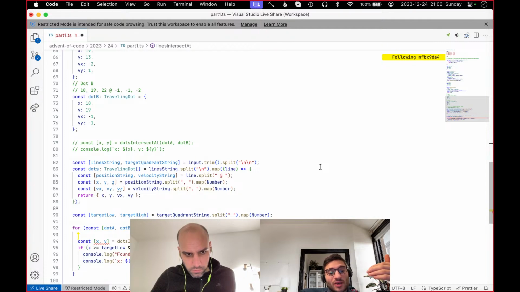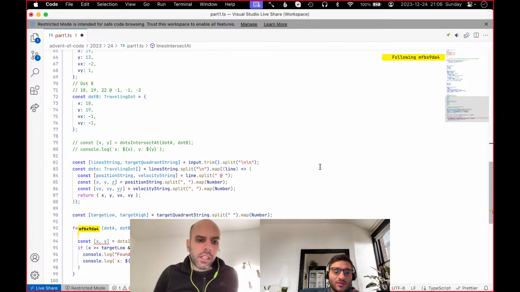Are they both greater? The target X and target X low and target high X, are they both greater? If the velocity is greater, then okay. Otherwise, they must be negative. I basically do the signs match, is what I'm thinking. Is that good enough?